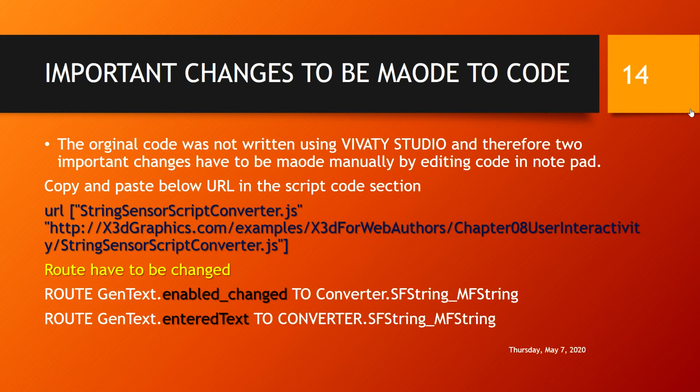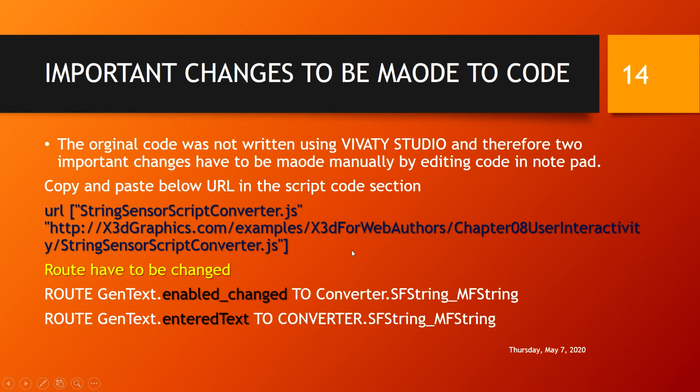The original code was not written using Vivity Studio, and therefore two important changes have to be made manually by editing code in Notepad. Copy and paste the URL in the script code section. This is the URL, actually required URL, and you have to copy and paste.